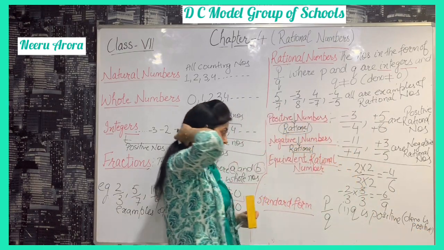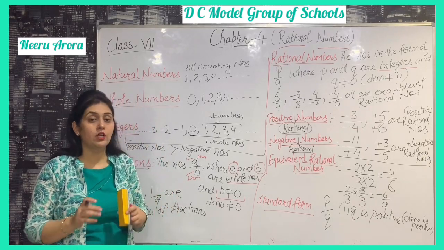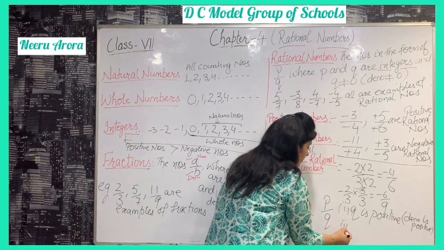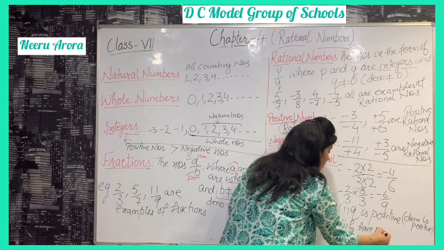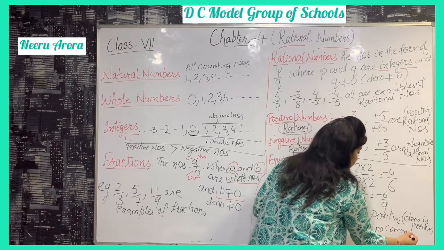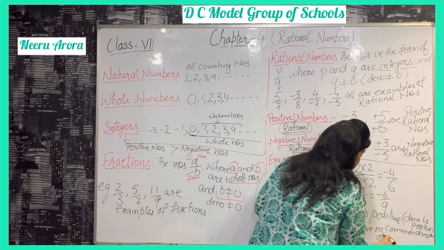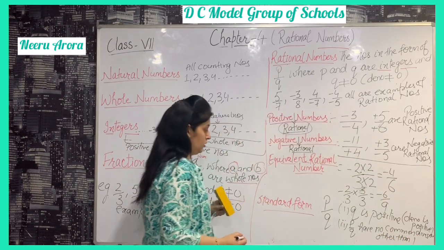The second condition of standard form is that P and Q have no common divisor other than 1.